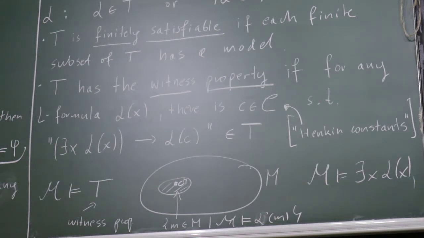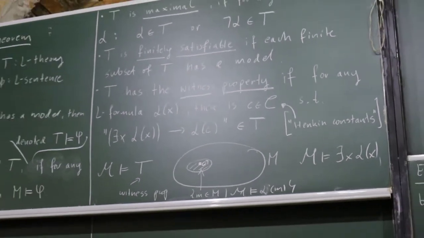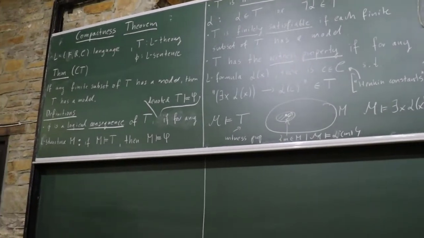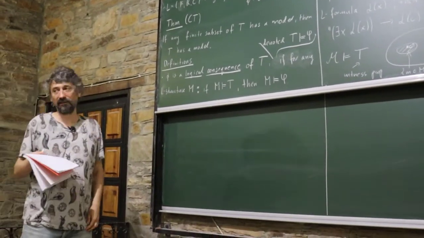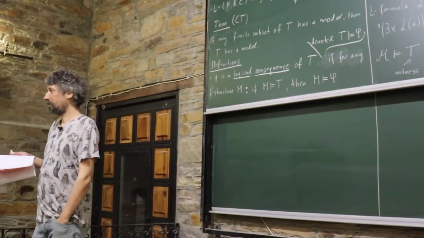Usually it doesn't have to be like this. In the language of rings, we just have 0 and 1, so they don't witness almost anything. So it's an unusual situation. In real life, we don't have such things, but it will be important in the proof. And this should be true in any model.